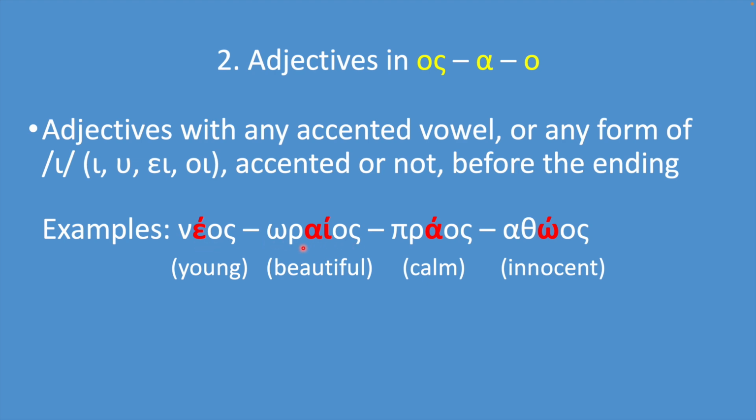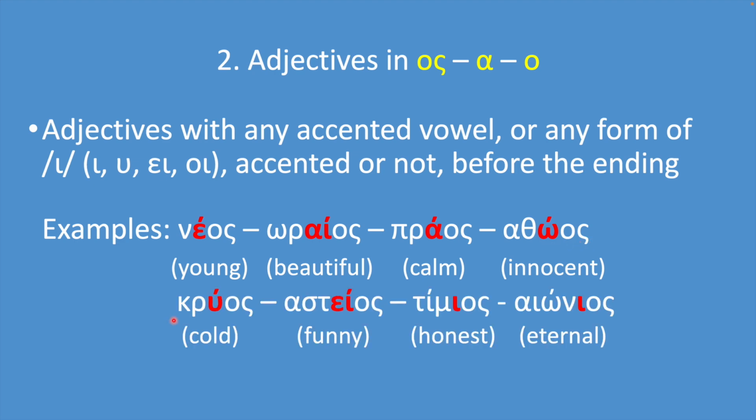Ωραίος, an accented vowel combination. Πράος, alpha. Αθώος, omega. Κρύος, this is an accented e, ypsilon. Αστείος, an accented epsilon iota. Τίμιος, here the iota has no accent. And αιώνιος, again, the iota here has no accent.